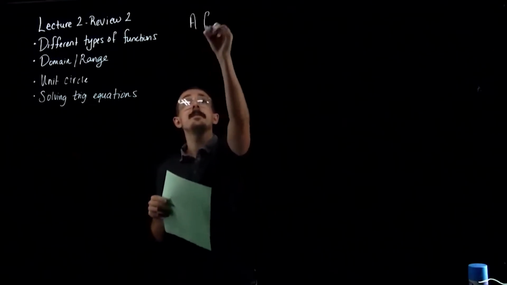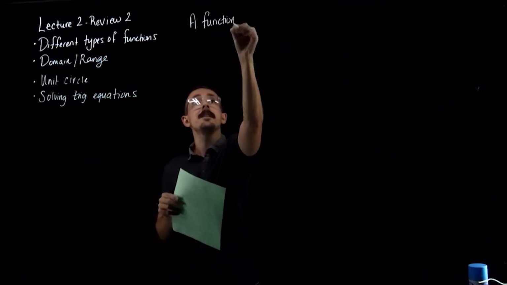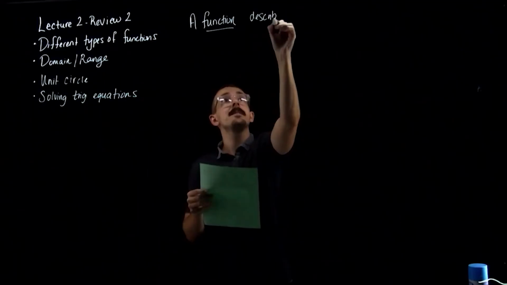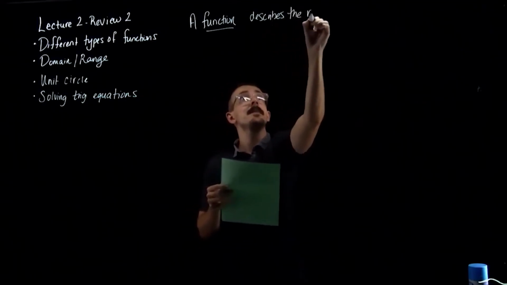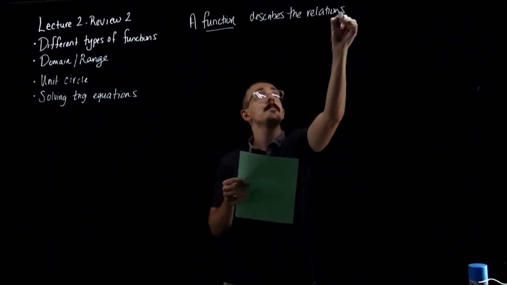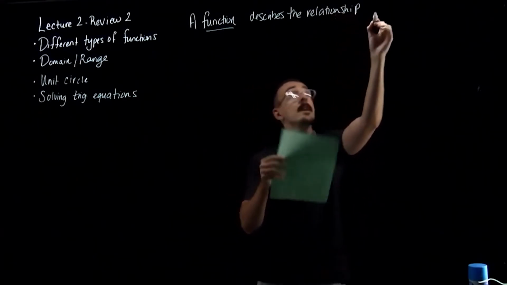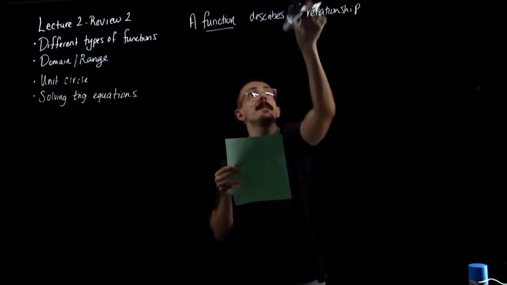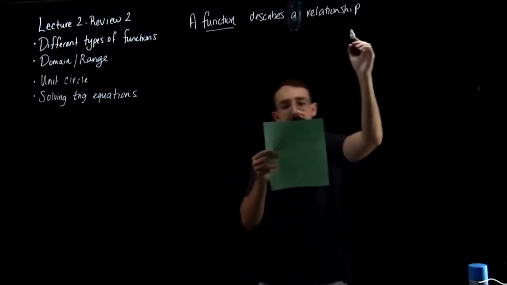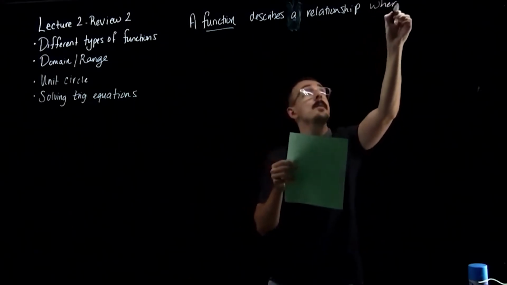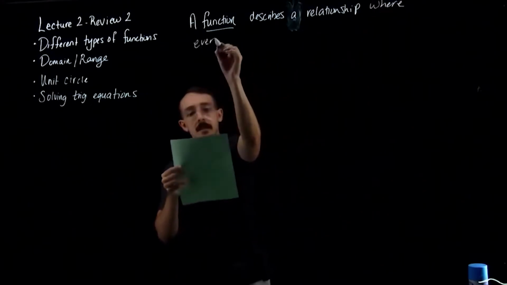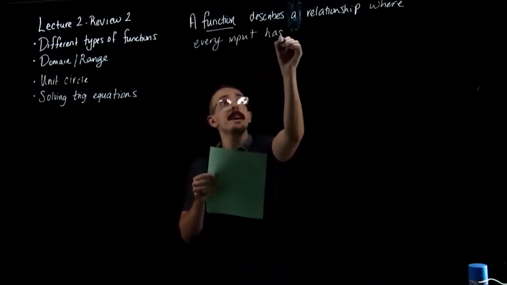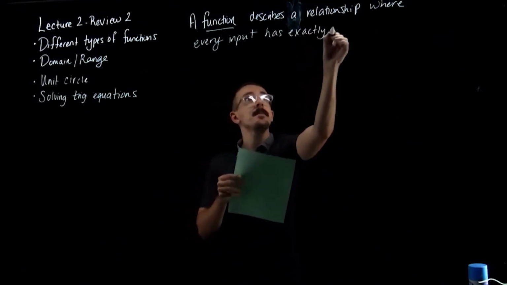So a function describes a relationship where every input has exactly one output.